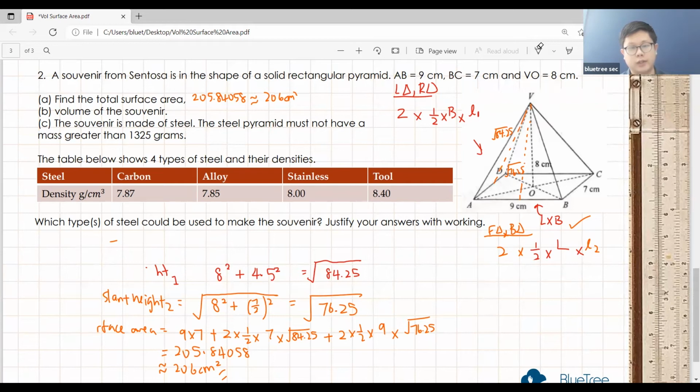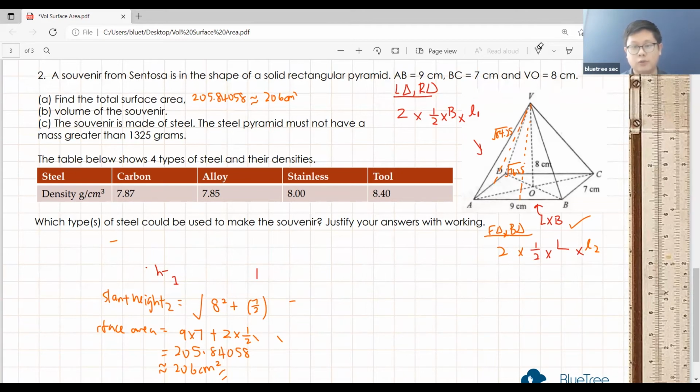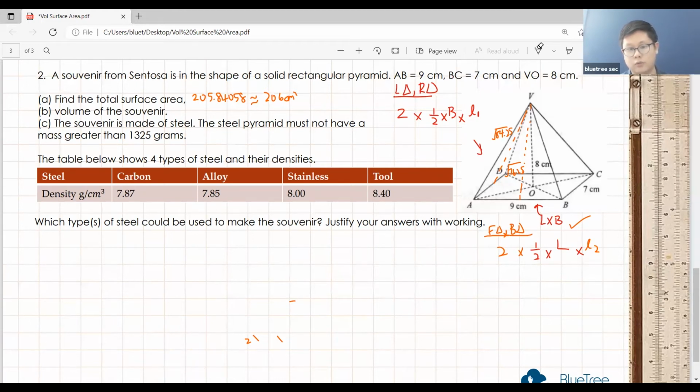Okay, part 2 wants us to find the volume of the souvenir, which is we will apply the formula for pyramids. Now, take note that the pyramid and the cone are very similar. It all involves 1/3, right? In my previous sharing, I mentioned that as long as you see a 3D figure that converges to one point at the vertex at the top, this volume formula will always involve 1/3, right?